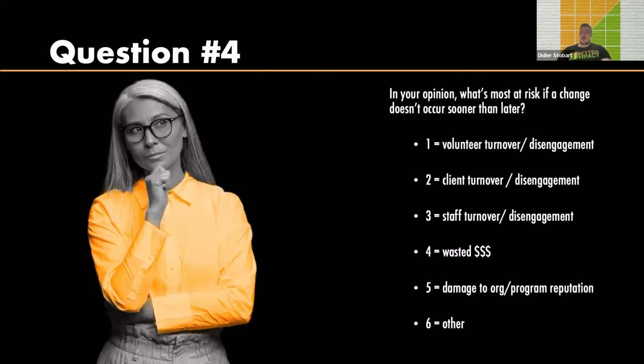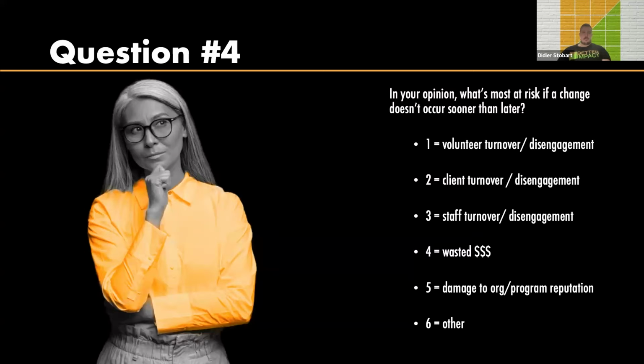Number 5, damage to organization or program reputation. And number 6, other. It can be multiple, but if you could please answer in the chat box with a number, what's most at risk if a change doesn't occur, then we can get an idea for everyone what that risk is. So Sue is number 1 and 5, so volunteer turnover and damage to reputation.